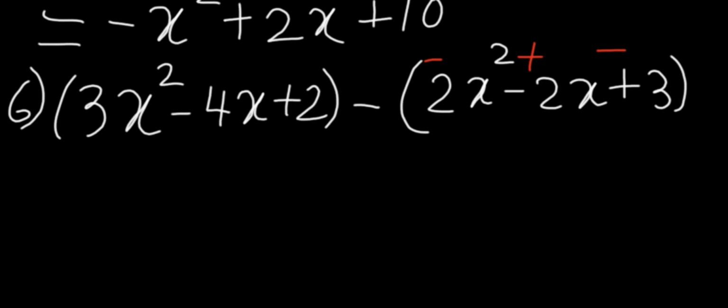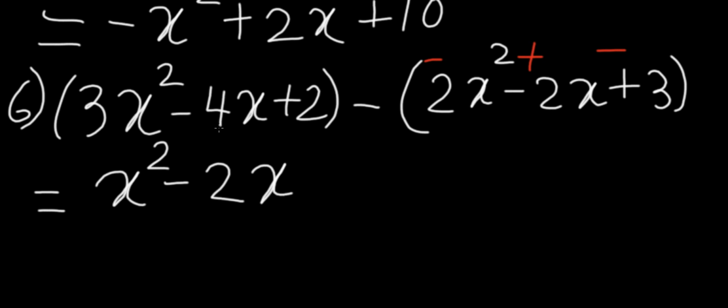So now 3x square minus 2x square will be 1x square, which is x square, negative 4x plus 2x is negative 2x, positive 2 minus 3 is negative 1.